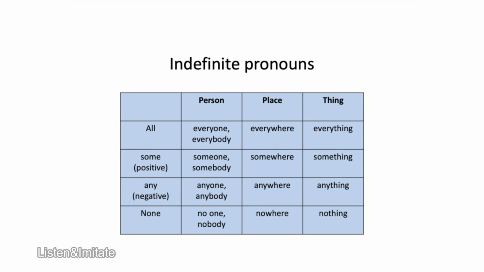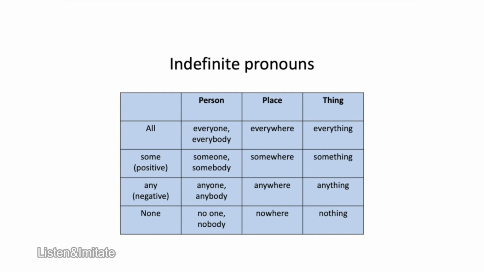To speak about a non-specific person, place, or thing in a positive sentence, we use someone, somebody, somewhere, something.